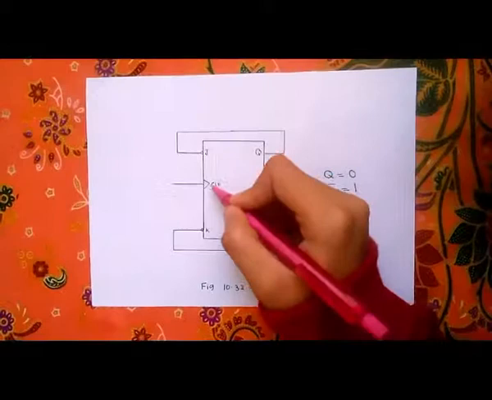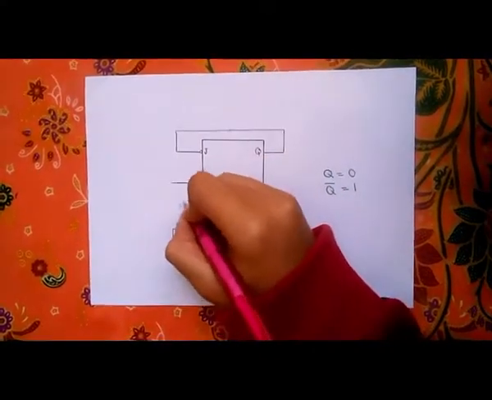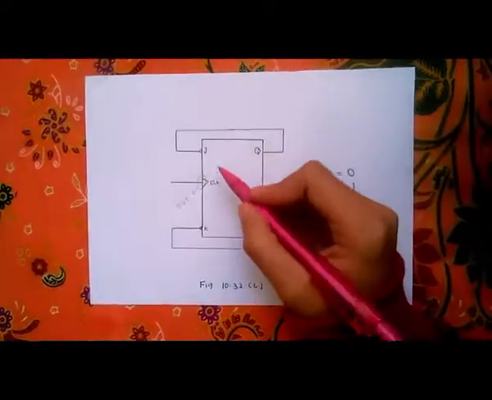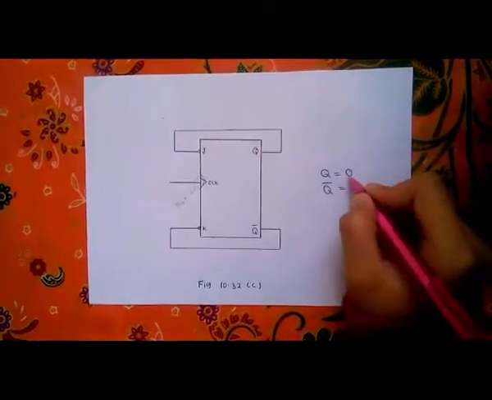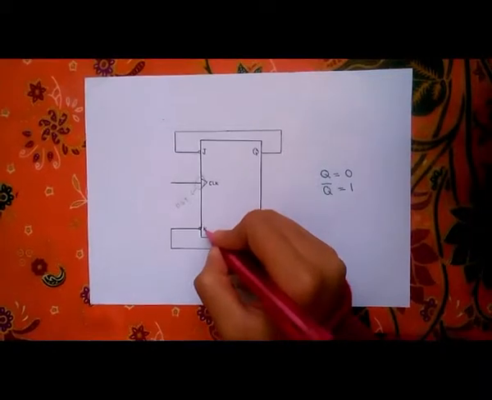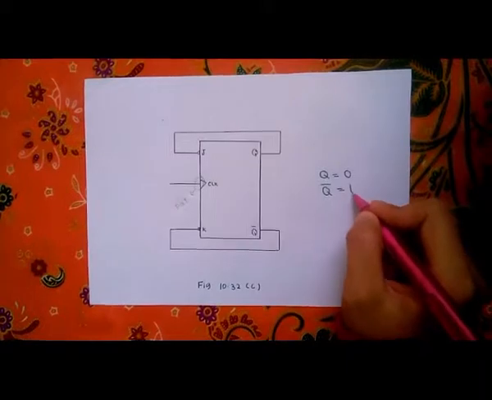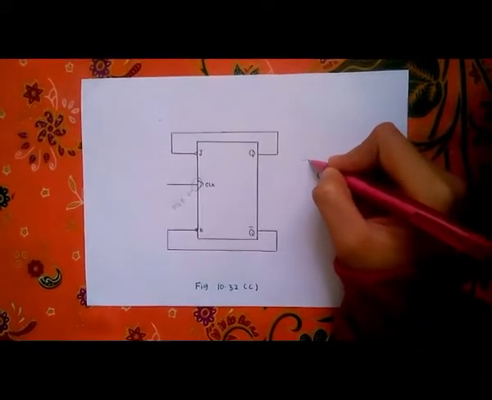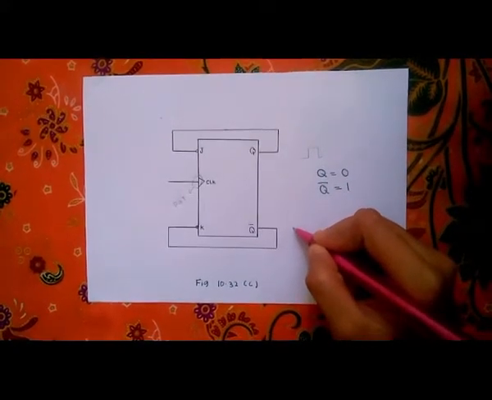In figure 10.32c, the clock does not have any bubble, so it represents PGT, which is positive edge trigger. Since the J input is connected to Q, the output will be 0, while the K input is connected to Q bar, the output will be 1. So the J input will start with 0 and the K input will start with 1.